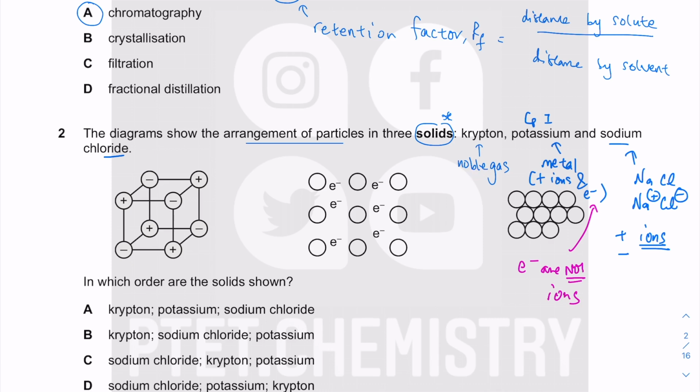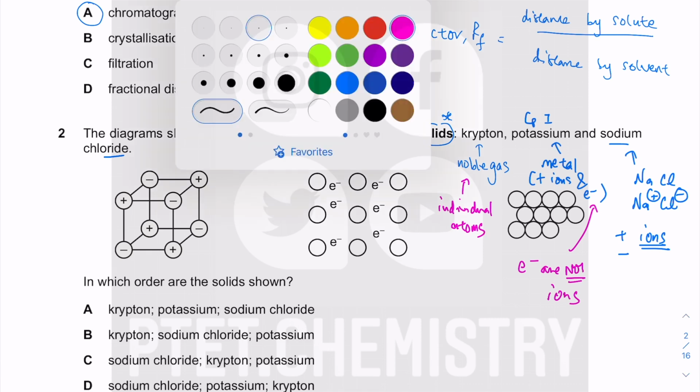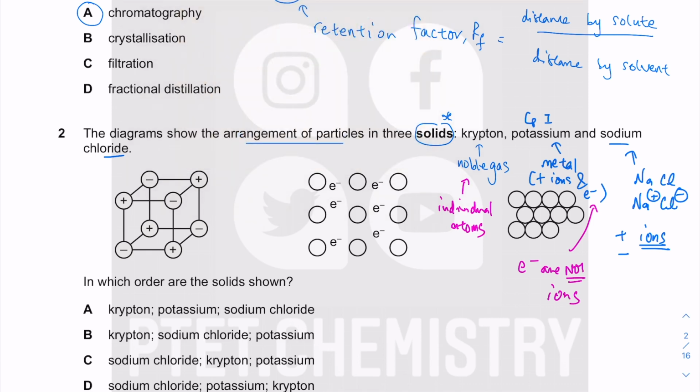Of course, noble gas exists as individual atoms because they don't form bonds with themselves, so they just exist as individual atoms without transferring or losing or gaining or sharing electrons. So I'm pretty sure that you should be able to tell this is going to be NaCl, this is going to be the metal, potassium, and that thing there is going to be the krypton, existing as individual atoms.